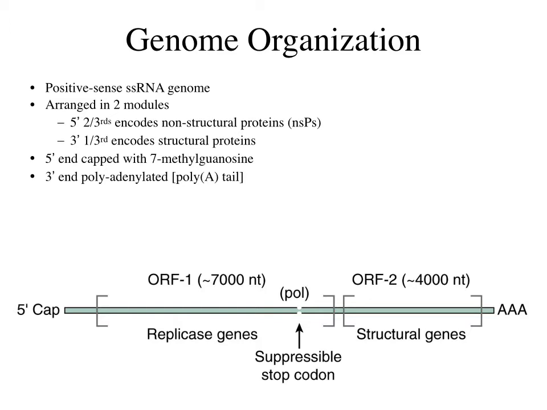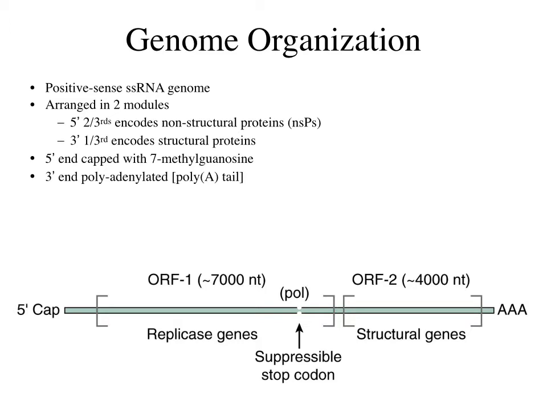The genome has a 5' cap and a non-coding region that's followed by the non-structural and structural genes. Then you can see two open reading frames. The first, remember, contains the non-structural genes, and the second open reading frame codes for the structural genes.